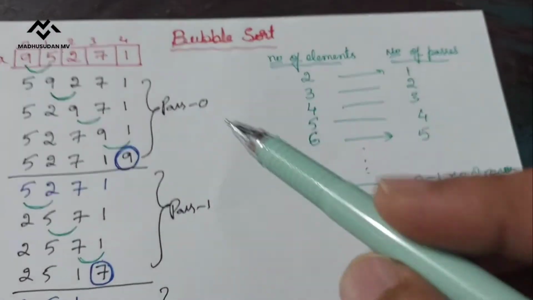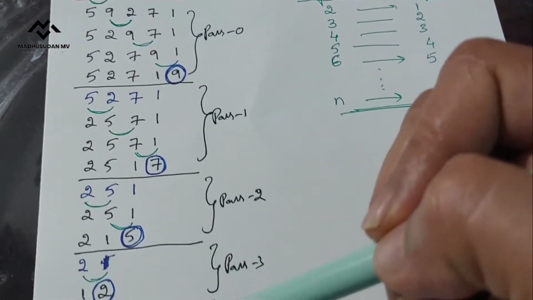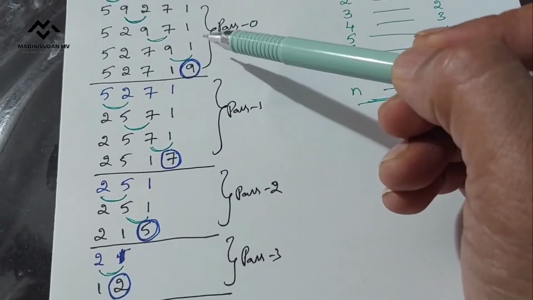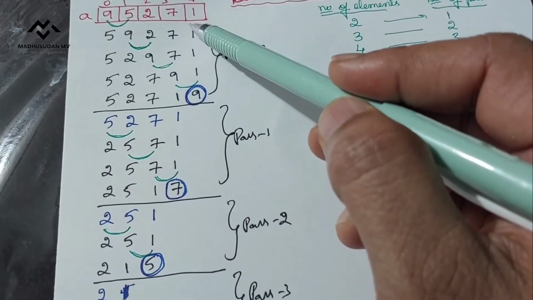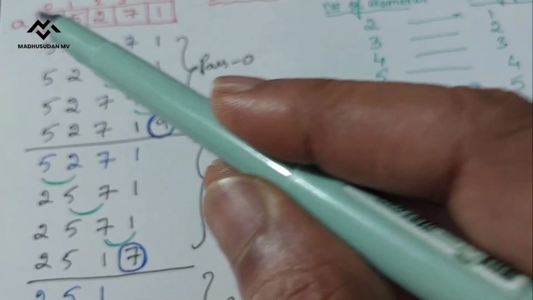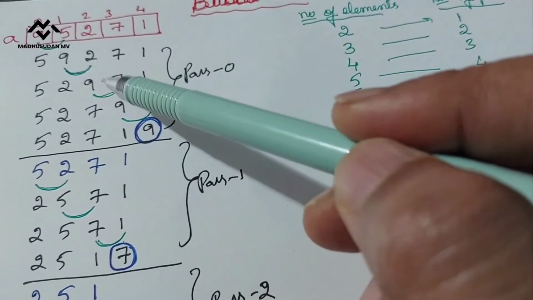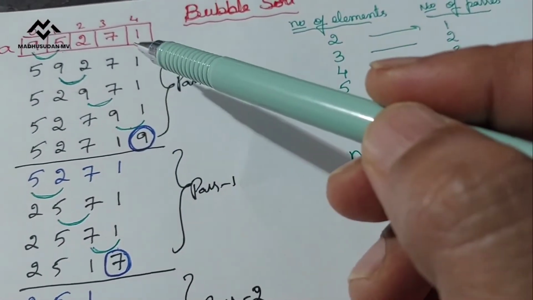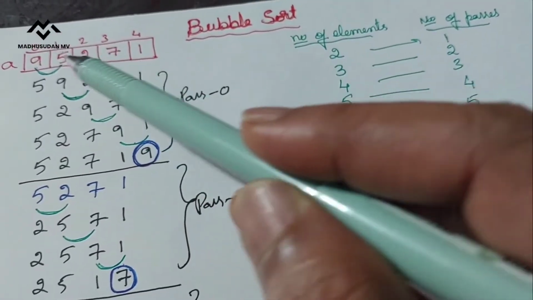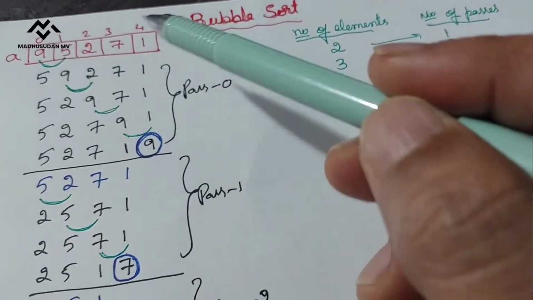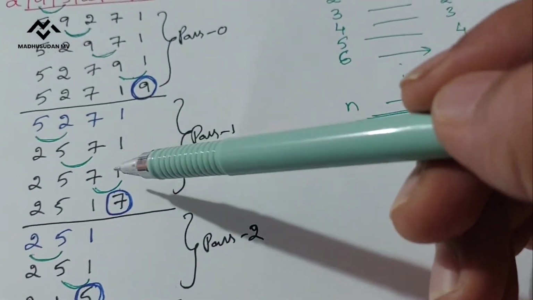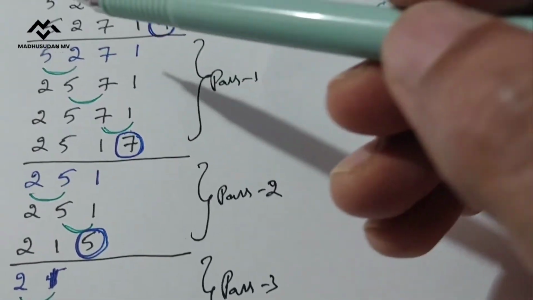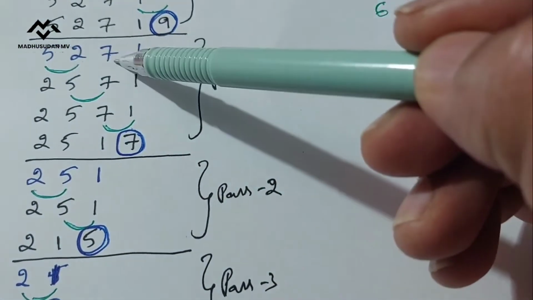Now in each pass, how many times did we compare? See, in pass 0, how many elements are there? 5 elements. So how many times did we compare? 1, 2, 3, 4. So in the first pass, 5 elements, 4 comparisons. In the second pass, how many elements? 1, 2, 3, 4 elements.